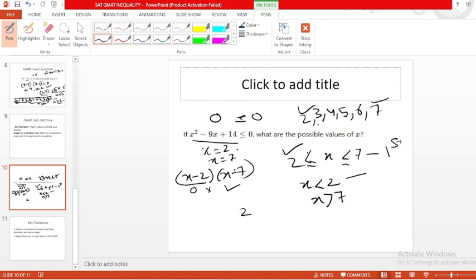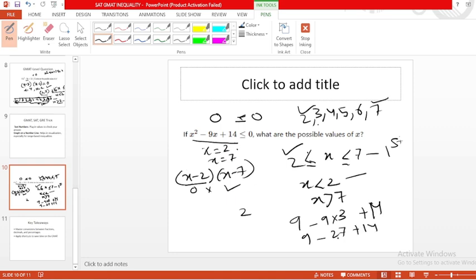So what happens with 3? Suppose you put 3 in place of x, you get 3 squared, that is 9. 9 minus 3 times 9 is 27, plus 14.